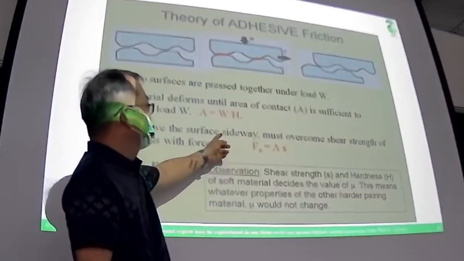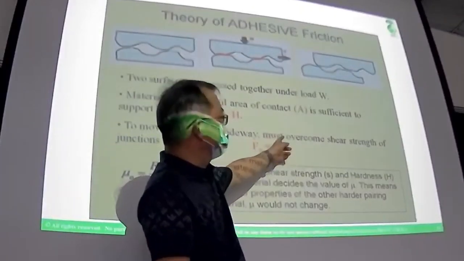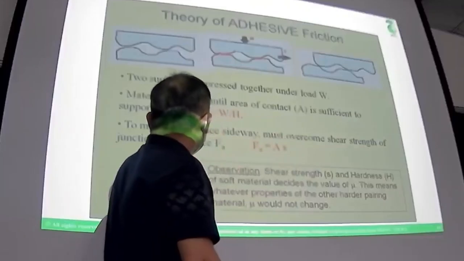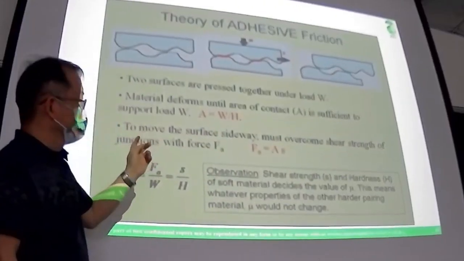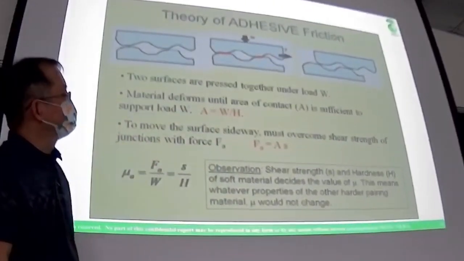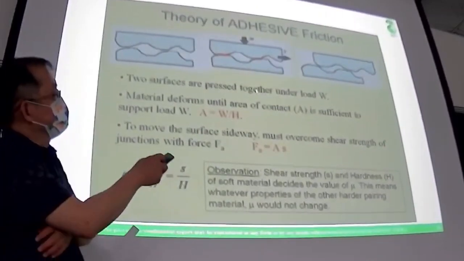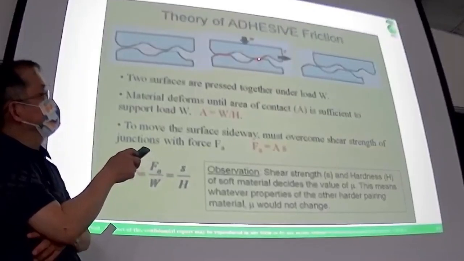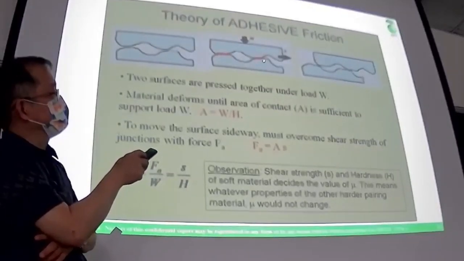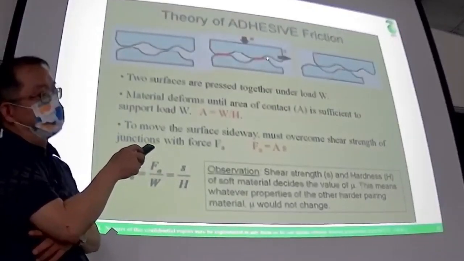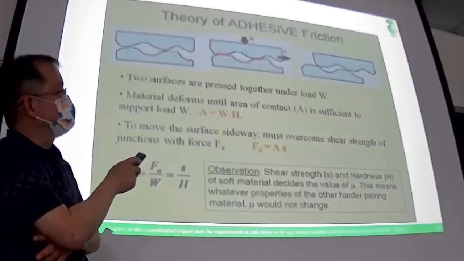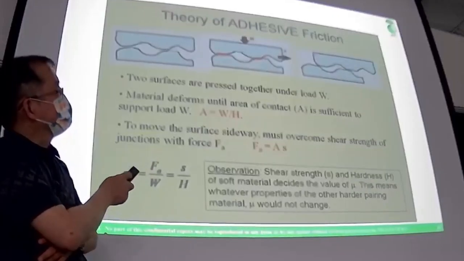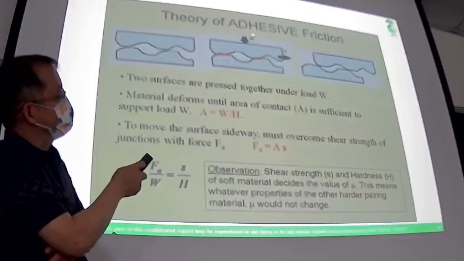we must overcome the shear strength of the junction with the force of S A. Okay? So it's cold welding. You have an adhesive connection from this asperity junction. So we can calculate the adhesive force.